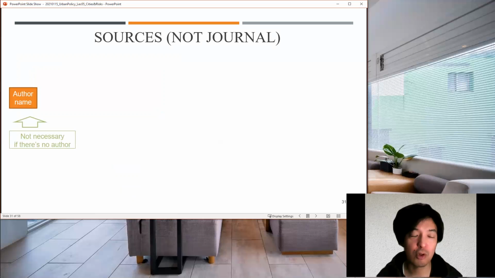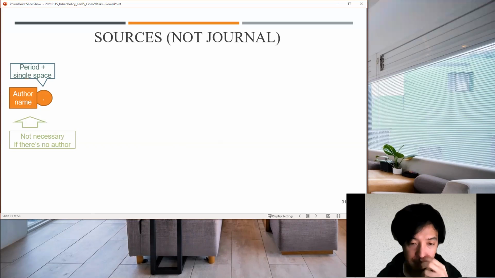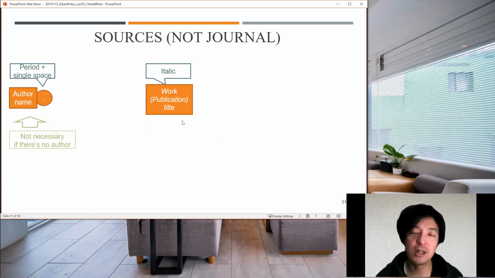Basically, you need to show the author's name first. You need to write a period and a single space. These periods and spaces are very important, so please remember these rules. And then, if it was a book, the publication title should be written in italics, okay?